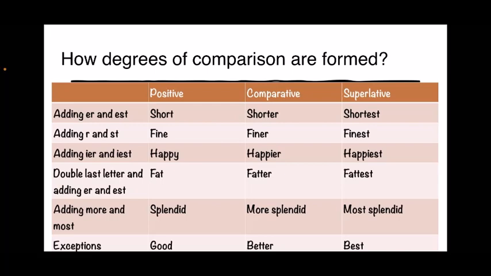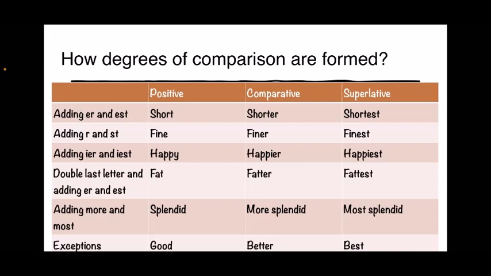So it is happiest. Next rule is doubling the last letter and adding ER and EST. The example here is the word fat. To make it comparative, we have added one more T and added ER. So the comparative degree becomes fatter. The superlative degree is fattest. So we have added one extra T and added EST.